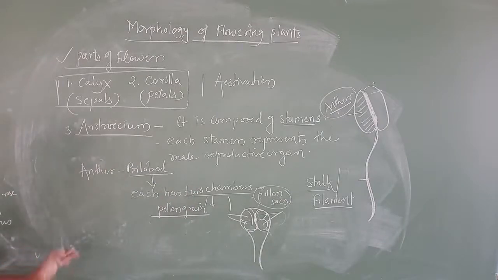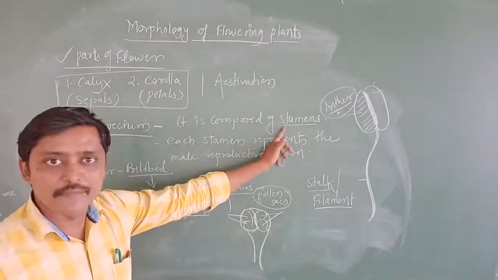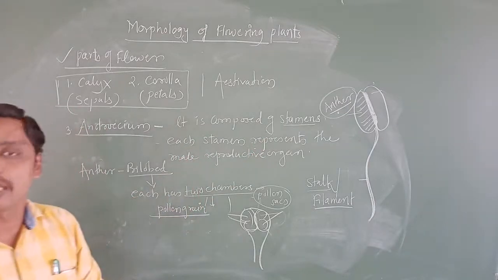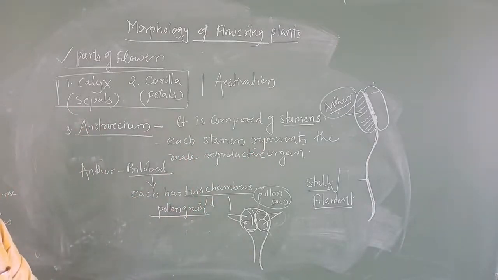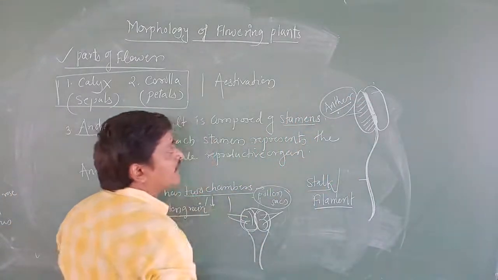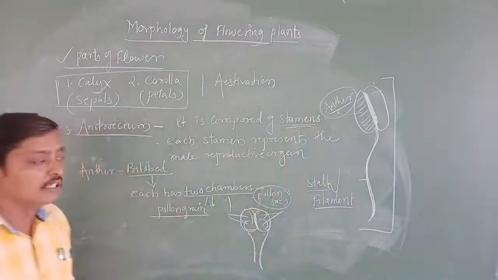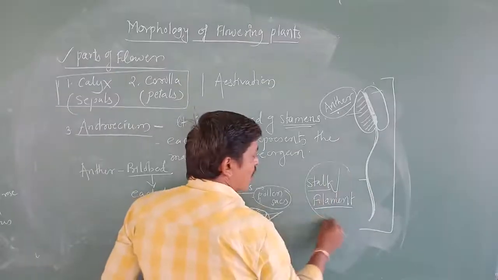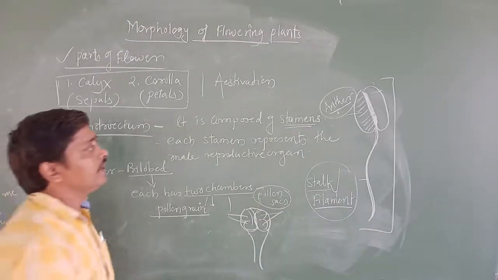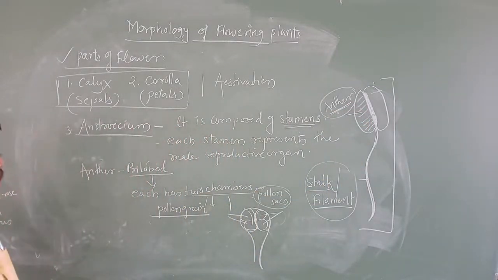Understood? So we are discussing the androecium. Androecium is composed of stamens, and each stamen represents the male reproductive organ. Here I have drawn the diagram of the stamen. A stamen consists of a slender, long stalk or filament, and another part, the anther.